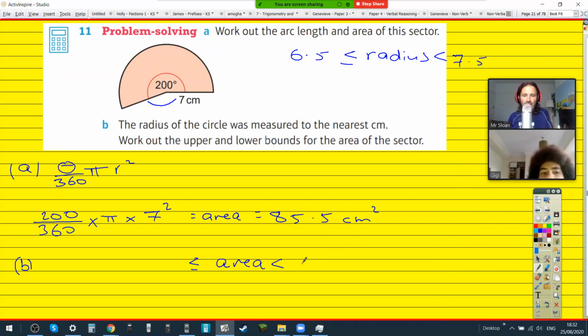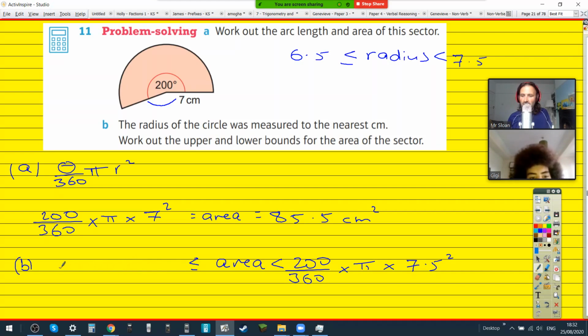You would find the area, except you wouldn't use 7. It's 200 out of 360 times pi times the radius squared. What's the biggest the radius can be? Times 7.5 squared.